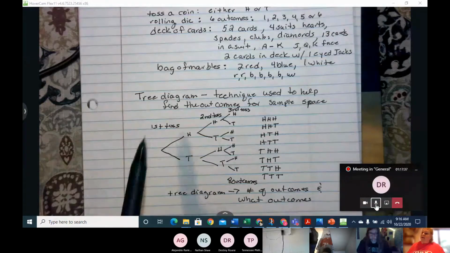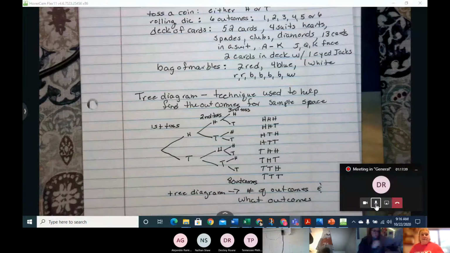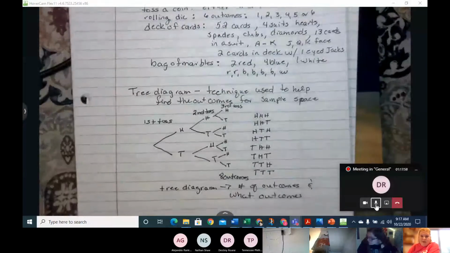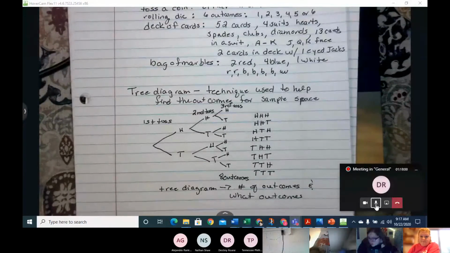So the tree diagram gives us 2 bits of information. Not only how many outcomes, but actually what the outcomes are. We could also use a table as a method for finding the number of outcomes as well and what the outcomes are.